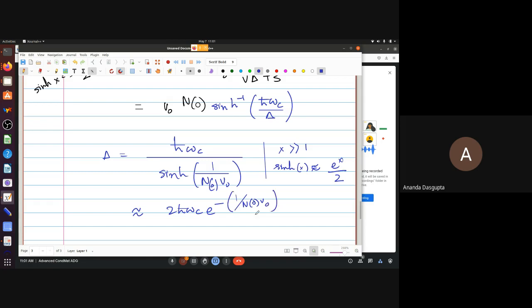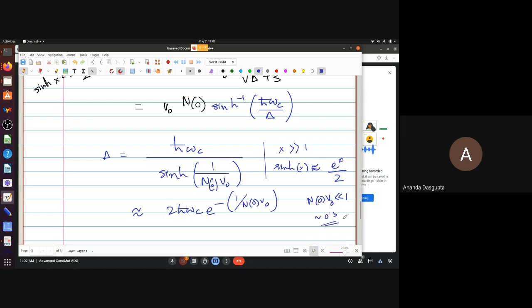I hope this formula looks familiar to all of you. And you have seen something very much like this in the Cooper problem. Now, this actually, strictly speaking, works only when 1 by N0 V0 is very large, that is, N0 V0 is very small. In reality, for most of these experimental things, this comes out to be around 0.3 or so.